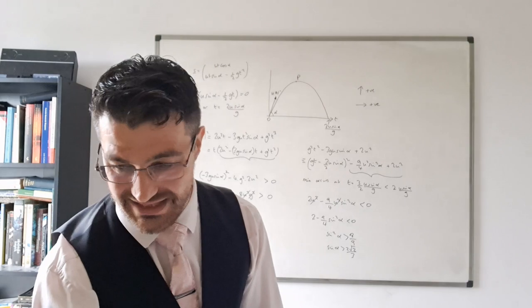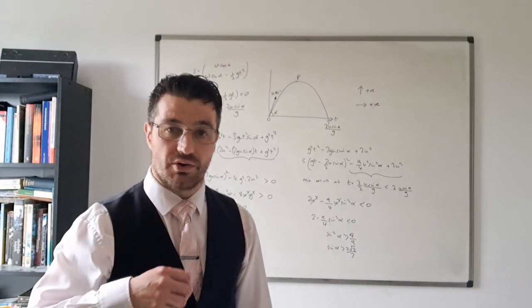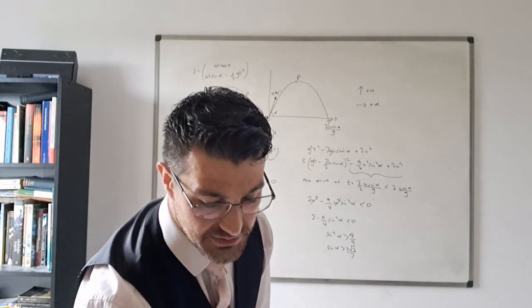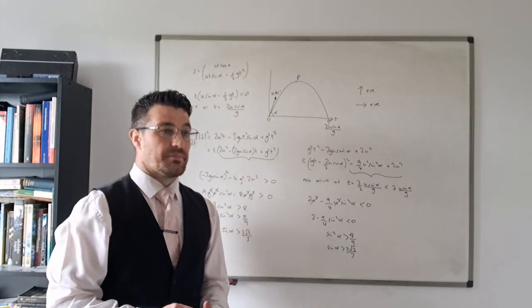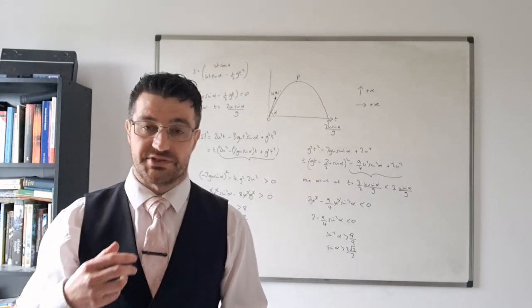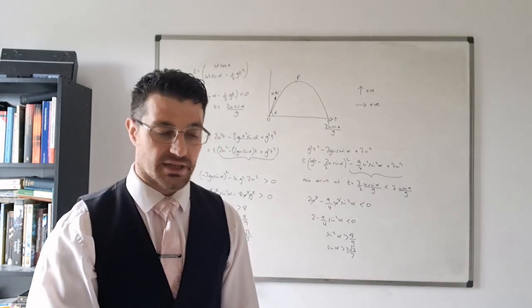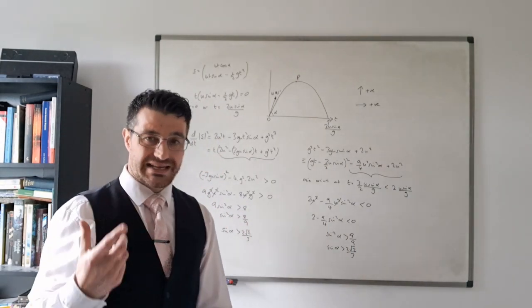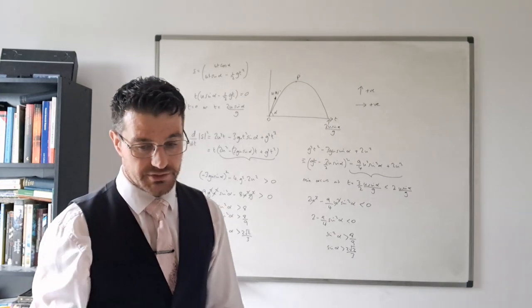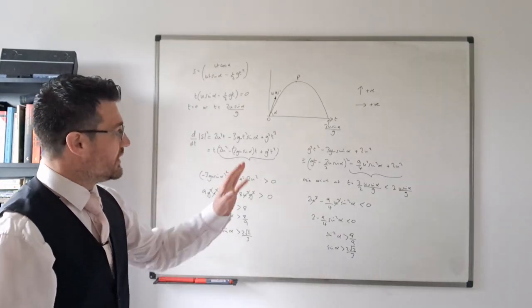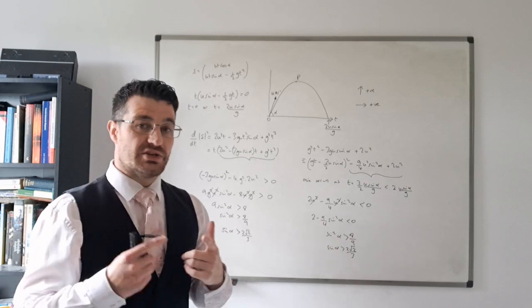Don't leave it to your examiner to guess what you mean, or to fill in any gaps. Your examiner's not there to fill in the gaps in your solution. Try to the best of your ability to explain what you're doing. Okay, so this could also be used.